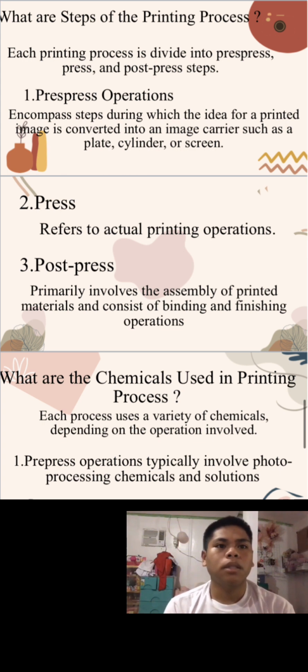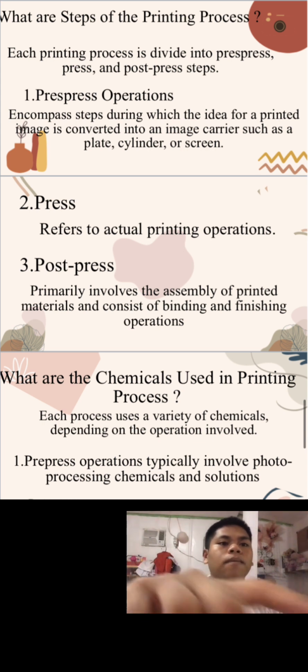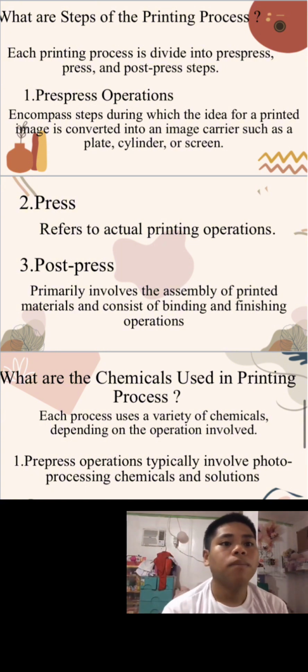What are the steps of the printing process? Each printing process is divided into prepress, press, and post-press. Number 1. Prepress operations encompass steps during which the idea of the printed image is converted into an image carrier such as a plate, cylinder, or screen.